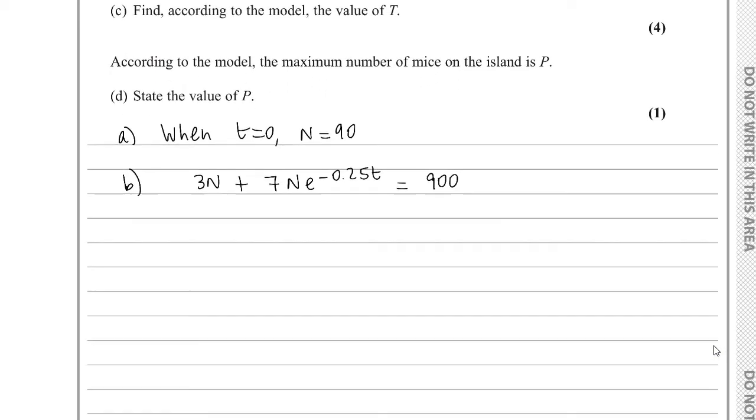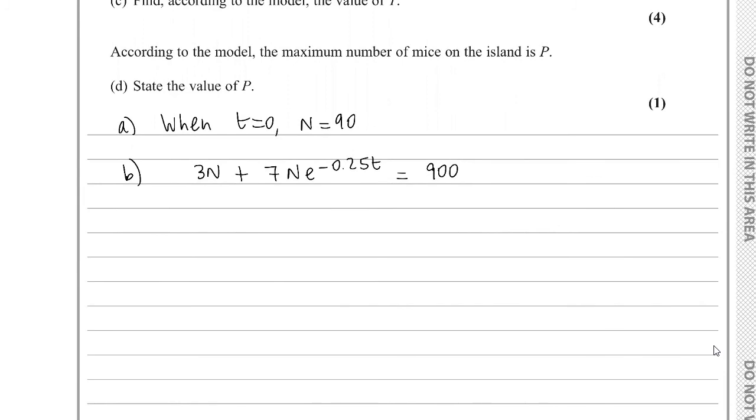And then I will use implicit differentiation. So from left to right, we differentiate 3 dN/dt plus 7e to the minus 0.25t dN/dt plus 7N times minus 0.25 e to the minus 0.25t is 0.